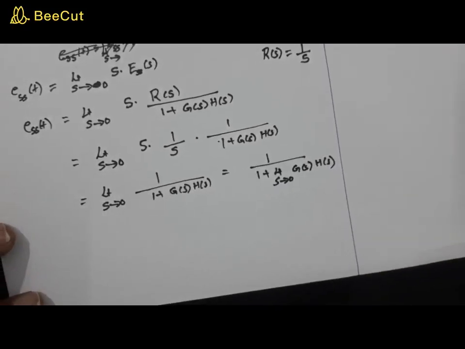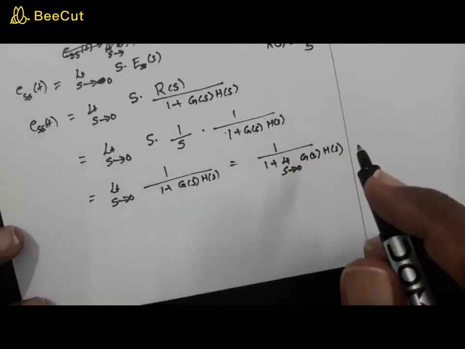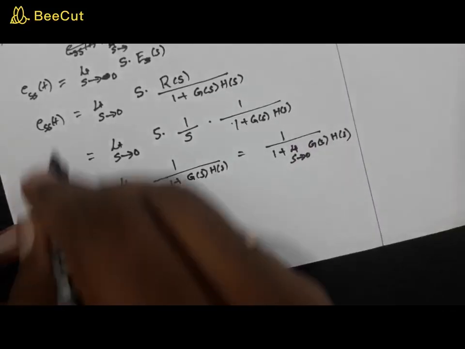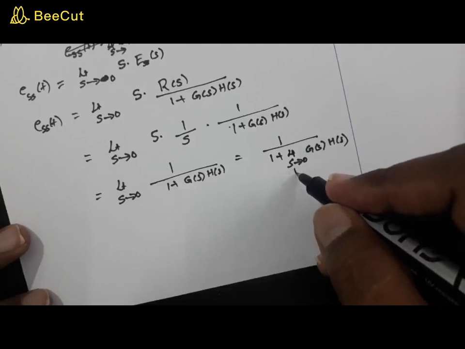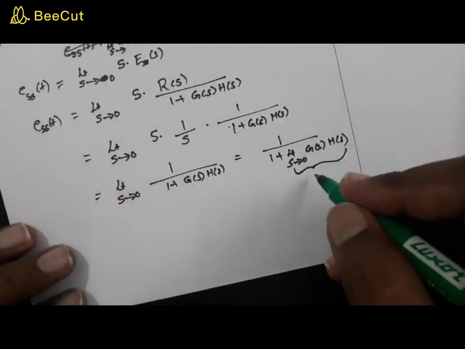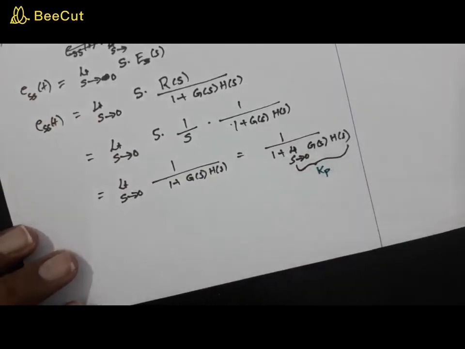This limit s tends to 0 of G(s)H(s) is what we call Kp.